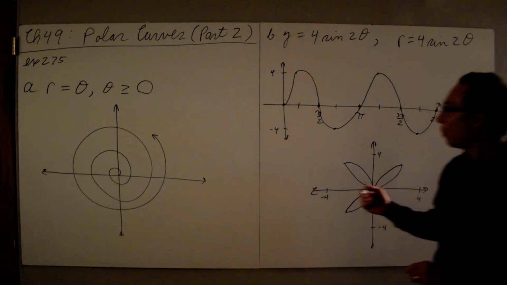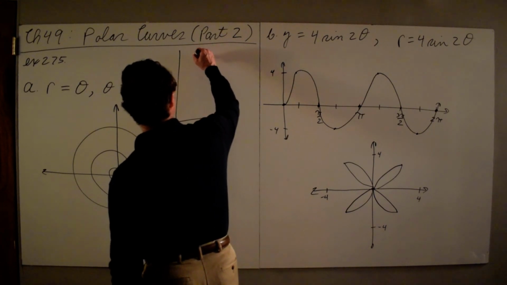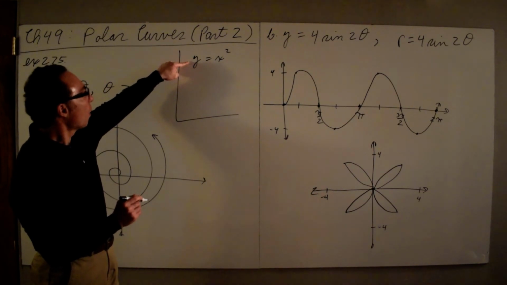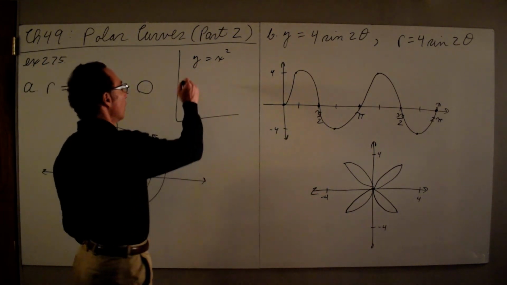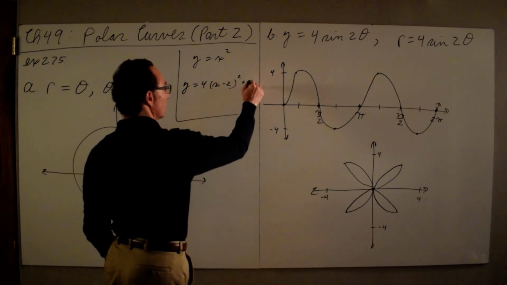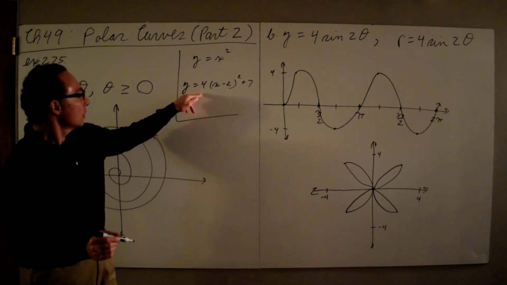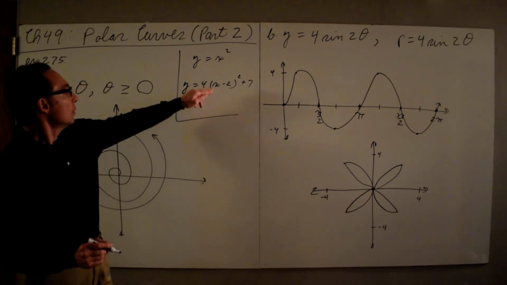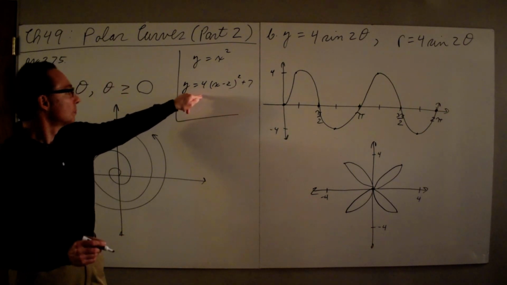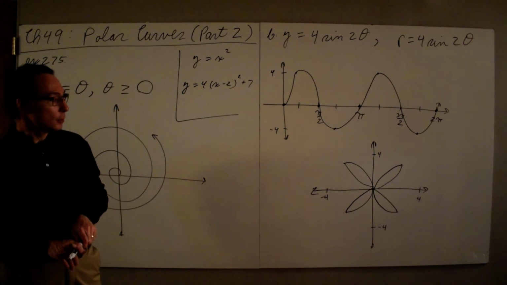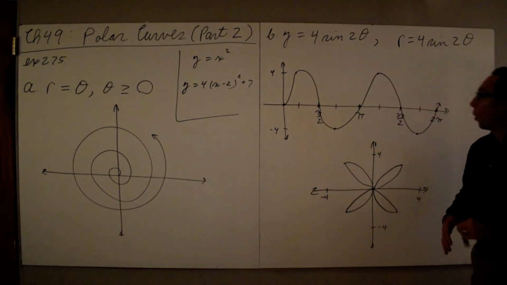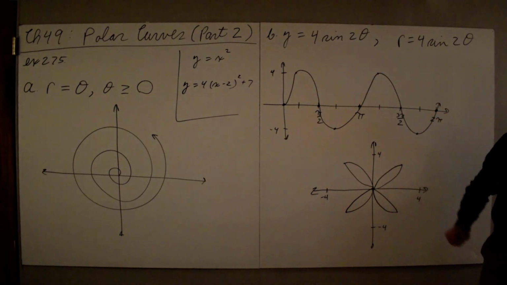For example, if I gave you this equation in rectangular coordinates, y equals x squared, or even a more complicated version of that, either one of these, you know that this is a parabola, just by looking at it. And that's just from experience. So the way that you would know that this equation is a 4-leaf rose, or at least a rose with some number of leaves, will be by experience.